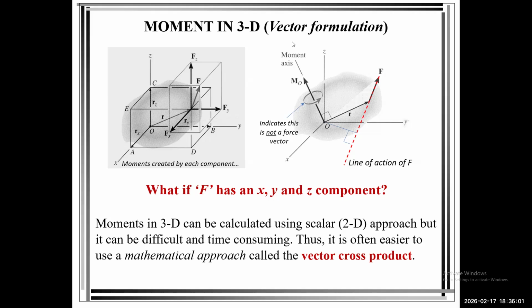Now, all examples are not going to be so straightforward, and we have to move on from that rule of thumb to another level. The other realm we're going to move to now is the vector formulation. So we may have a force in a 3D frame.